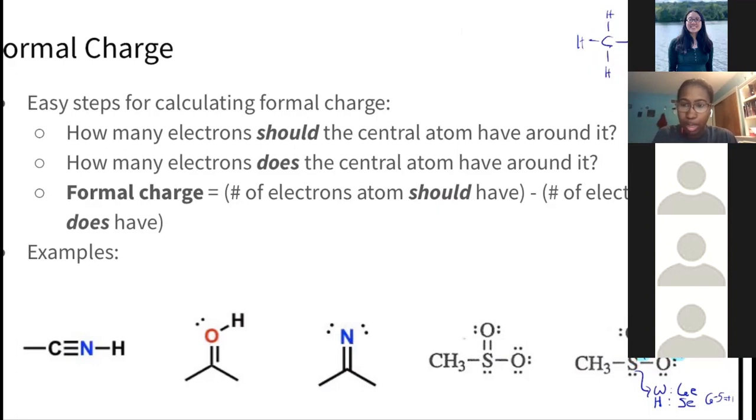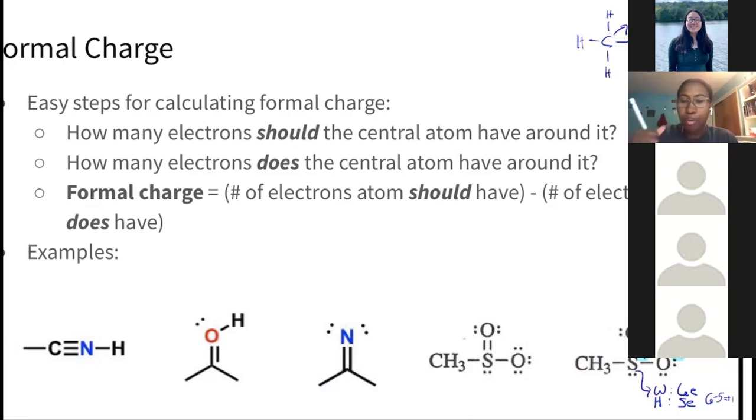We know that carbon wants to have how many electrons around it? 4. Thank you. So carbon wants to have 4. Whenever carbon is bound to 4 different atoms, how many electrons does it have around it? Also 4? Exactly.